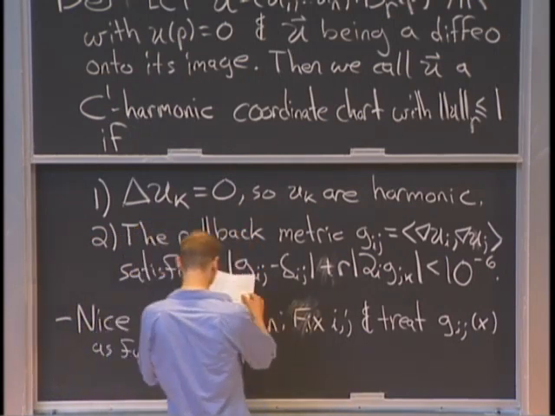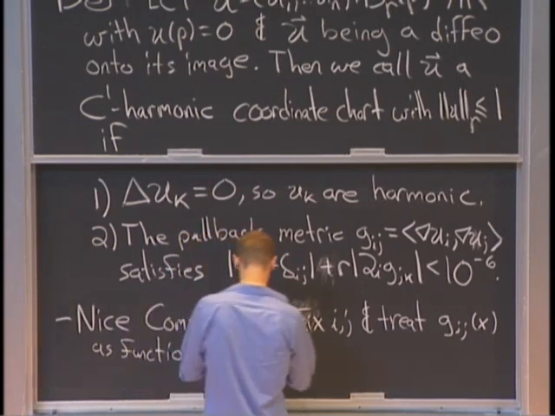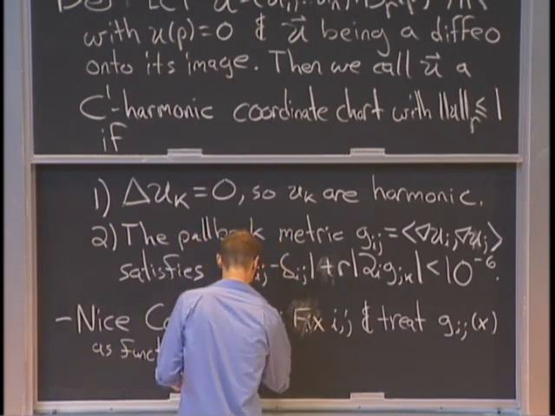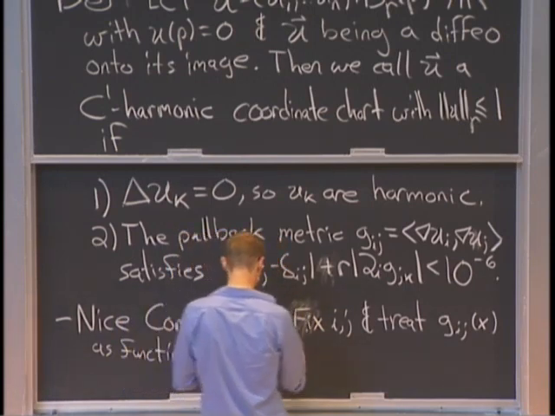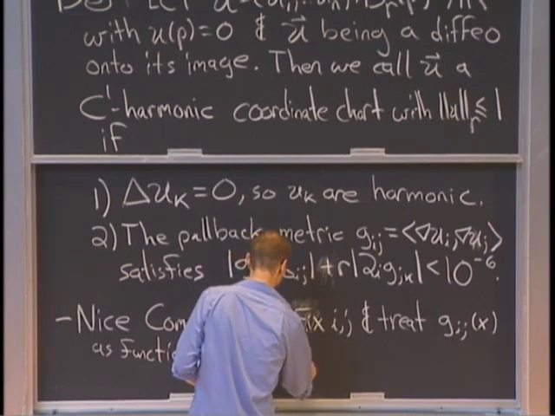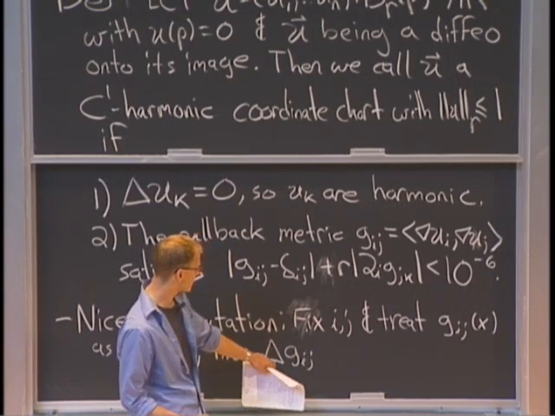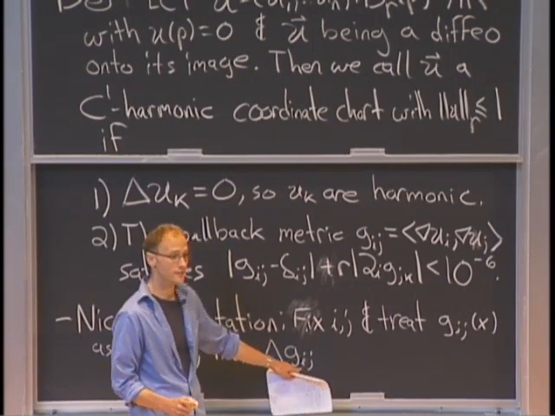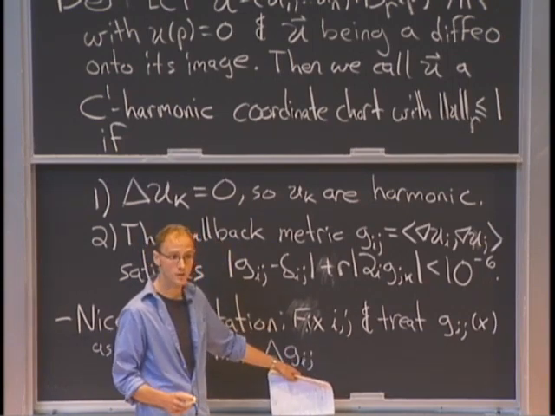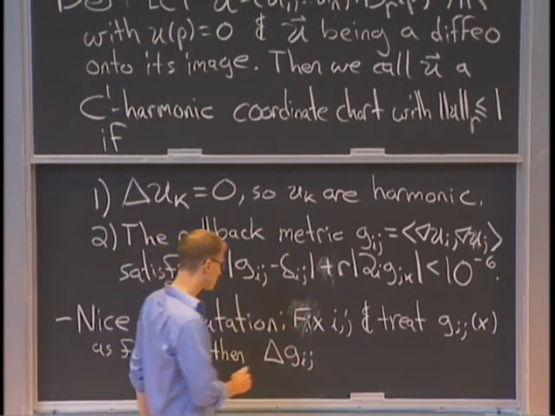Then, let's make sure I get my signs right, the Laplacian of Gij. This is the standard metric Laplacian, but it's being applied to Gij, treating it like a function. If we treated it like a tensor, it would be 0. So I'm treating this thing like a function.